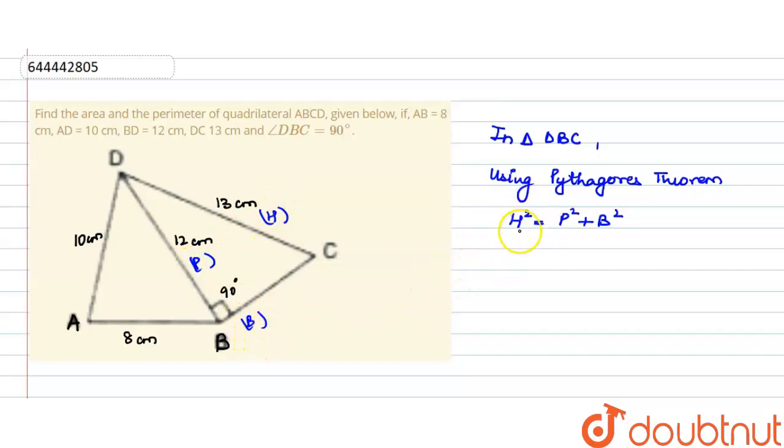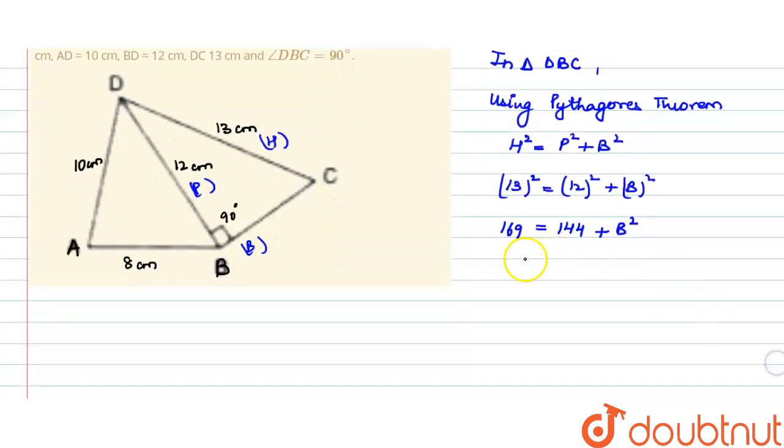So we'll put the value of hypotenuse, that is 13. So 13 square is equals to perpendicular is 12 square plus base square. Now 13 square is equal to 169, 12 square is equals to 144, plus this b will remain as b square. Now this b square will be equal to 169 minus 144.